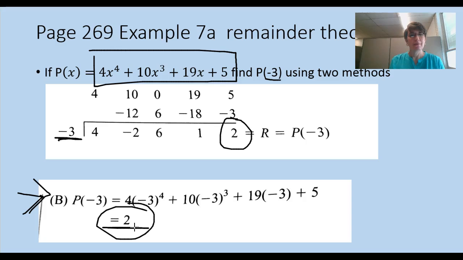That is pretty awesome, if you think about it. I hope that that sinks in. But so how do we use that? Well, you are going to be able to evaluate these long polynomials for a certain number just by doing that process of synthetic division and looking at the remainder. That's what the remainder theorem tells us we can do.